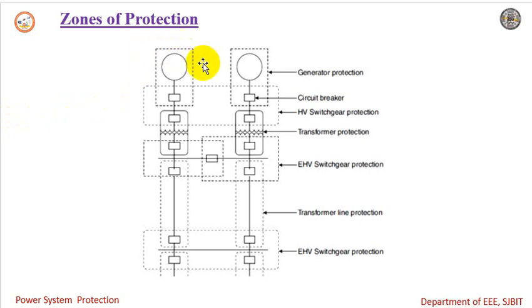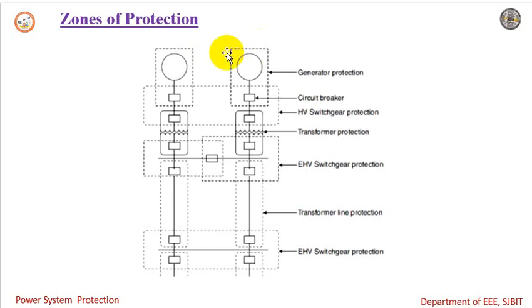In order to do so, we divide the power system into a number of zones. In each zone, at least one or at most two power system components are protected.